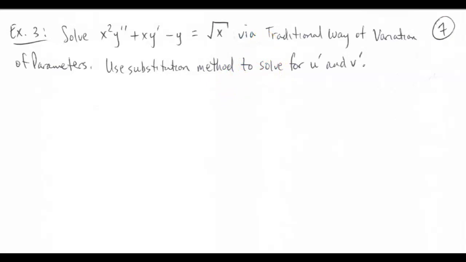All right, so to start us off, since we're doing this the traditional way, we want to use our system of equations. I'm just going to write out what we're looking for. We're going to have u prime y1 plus v prime y2, and that's going to be equal to 0.